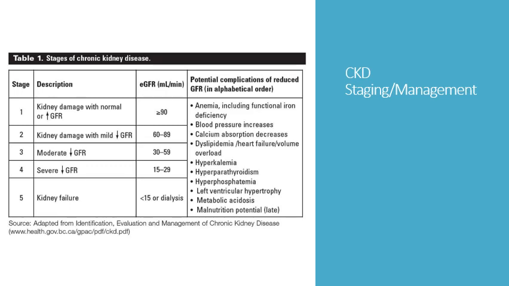Patients with kidney disease will have anemia, and it will be anemia of chronic disease because they will not have the ability to produce erythropoietin. They also will have blood pressure increases. Patients may have problems with calcium, potassium, hyperparathyroidism, levels of phosphorus, ventricular hypertrophy, and also malnutrition.